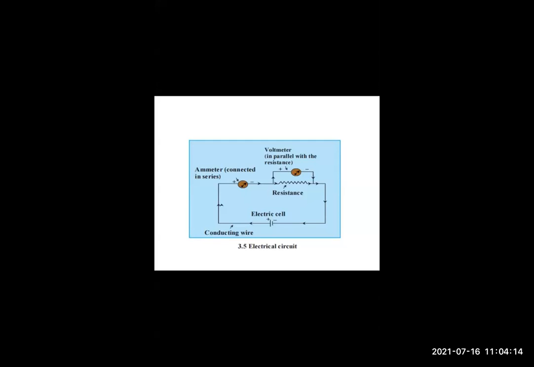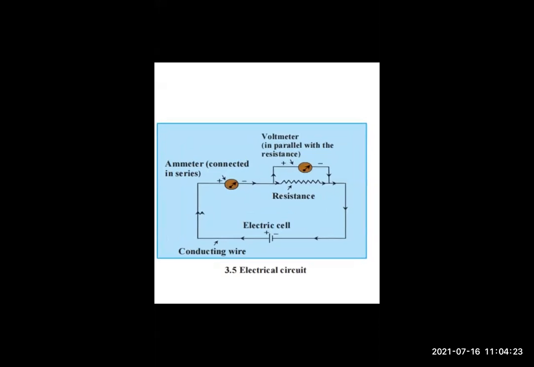So you can see in the diagram how the connections are done, right? You can see the electric cell. The electric cell is the main thing, in which a positive and negative sign is given, right? So the positive terminal and the negative terminal are there. It is connected to the ammeter.